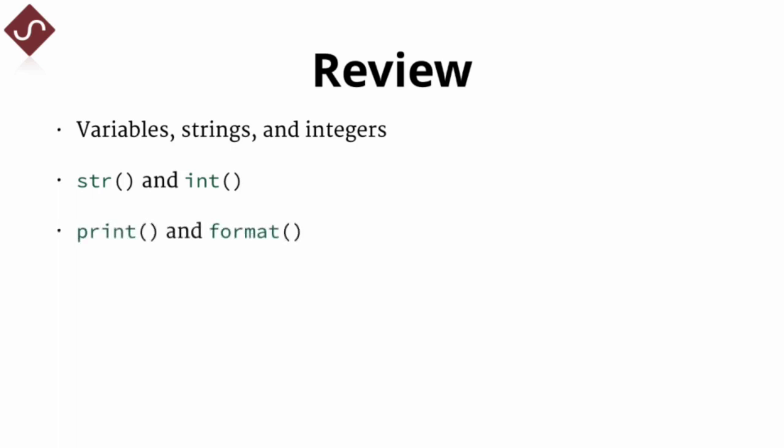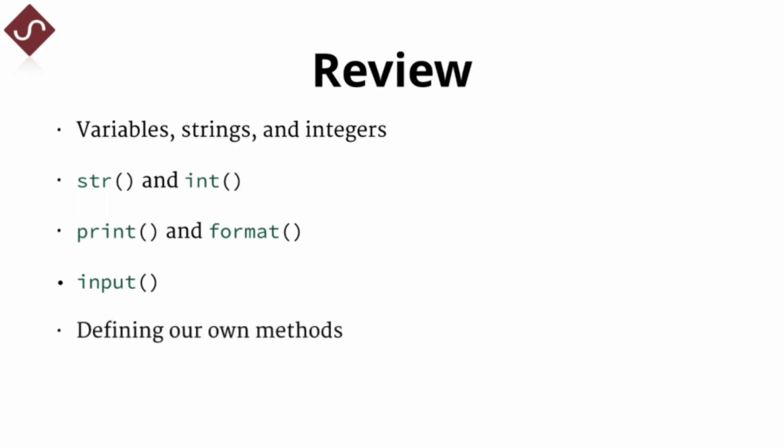We've looked at the print and the format methods. The print takes in a string and prints it out to the user. The format is applied on a string and can substitute placeholders for variables. We've also looked at the input method, which asks the user a question and allows us to get a value back and assign it to a variable.